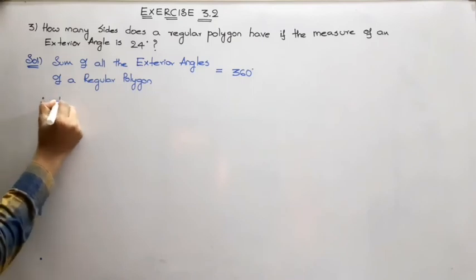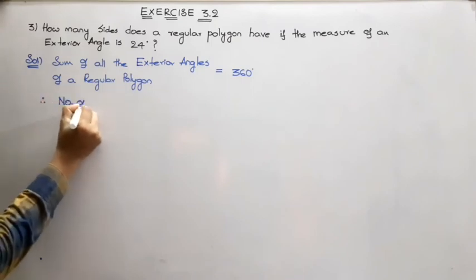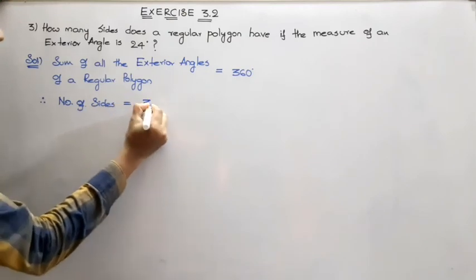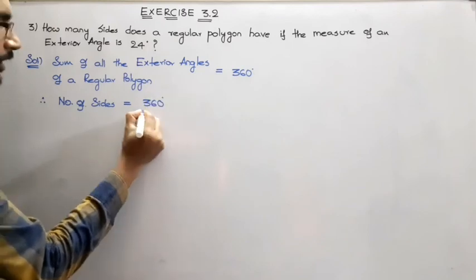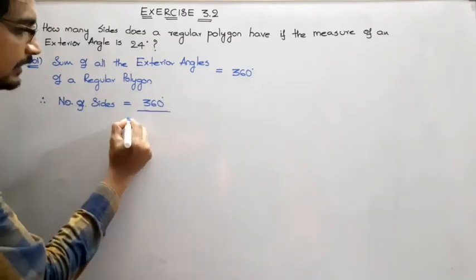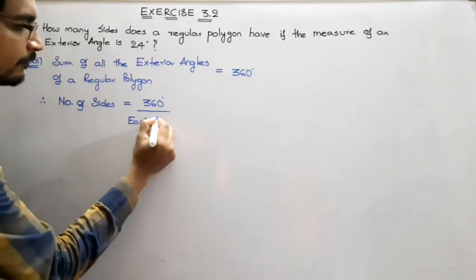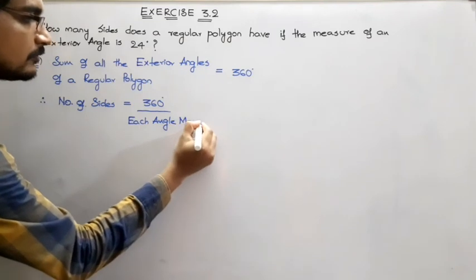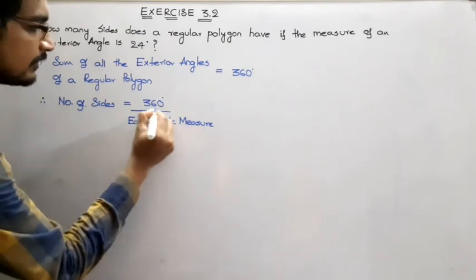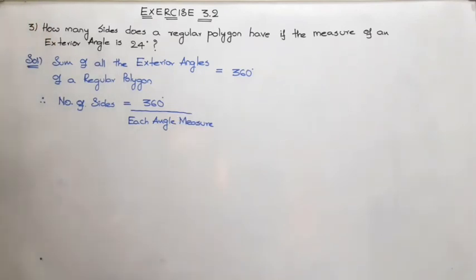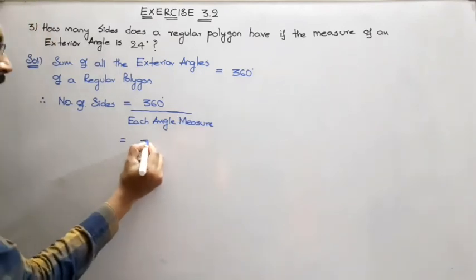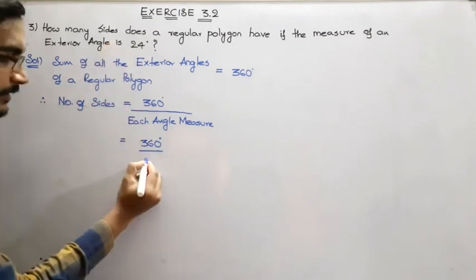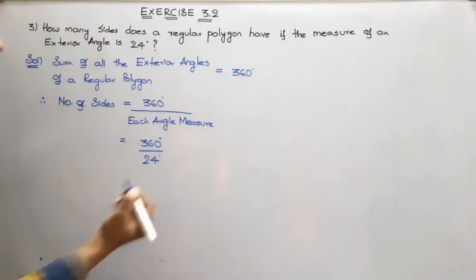Therefore, number of sides is equal to 360 degrees divided by each angle measure, or divided by each angle. Both are okay. So 360 divided by, here what is the angle measure given? 24 degrees. So 24 degrees.